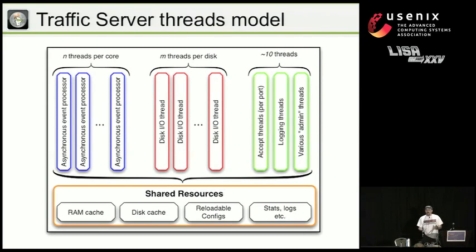So what that means is on your typical machine, you will set up 1 or 2 threads per CPU, and Traffic Server will scale this for you automatically. And it will basically run one of these asynchronous event processing loops per thread. So a typical box will see maybe 16 or 24 or some small number of threads.